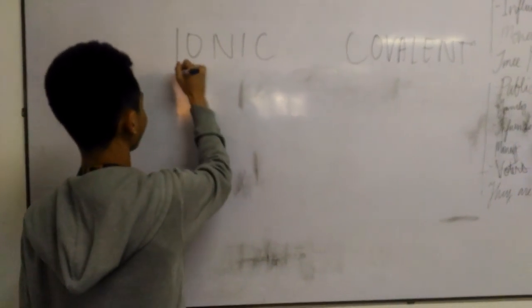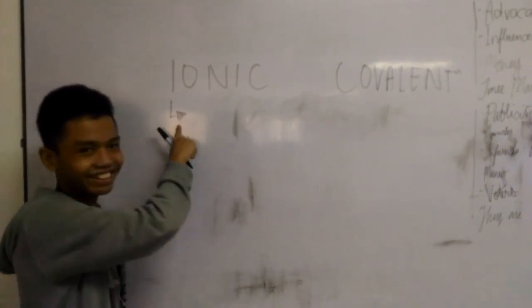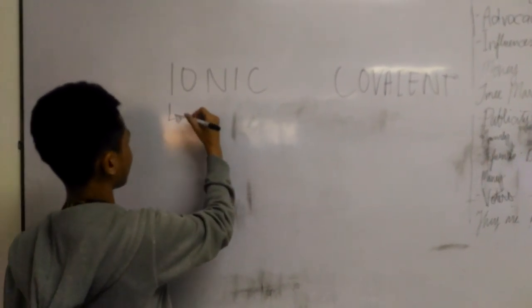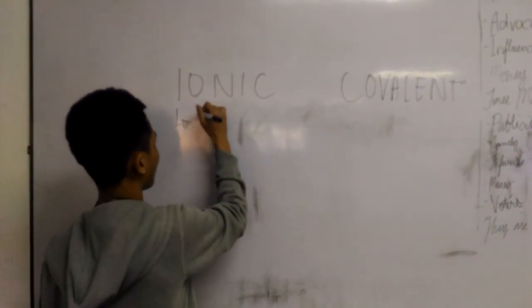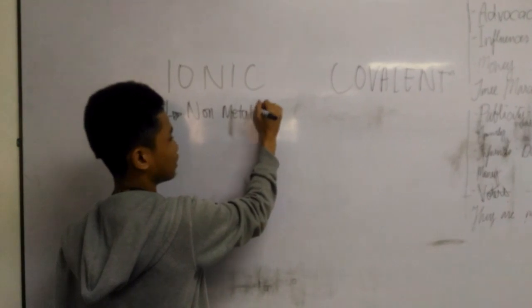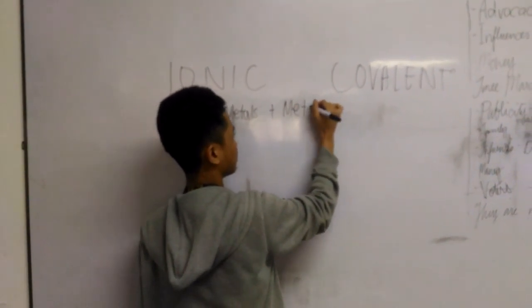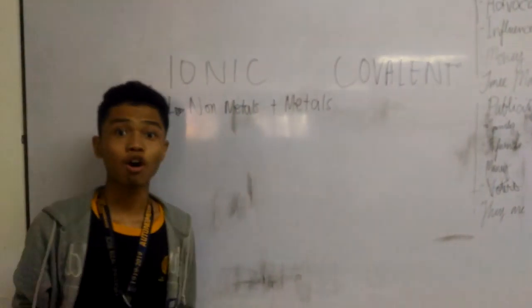So in ionic, this is a type of bond wherein the nonmetals and metals combine.